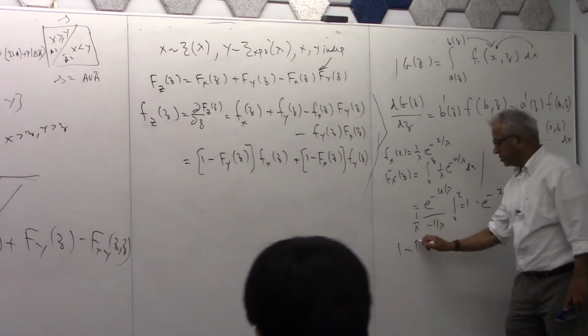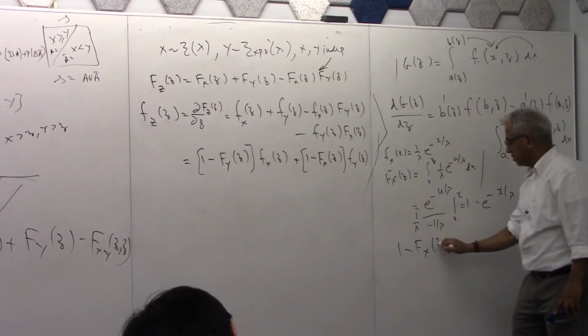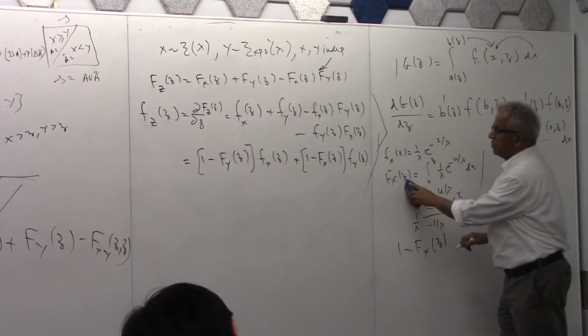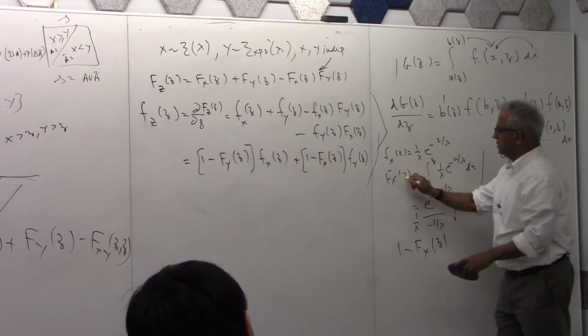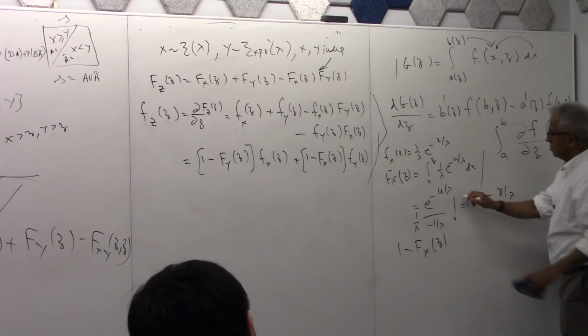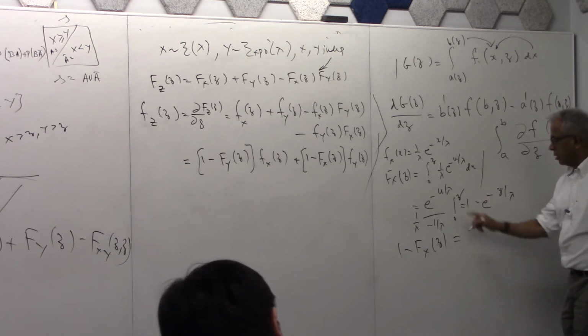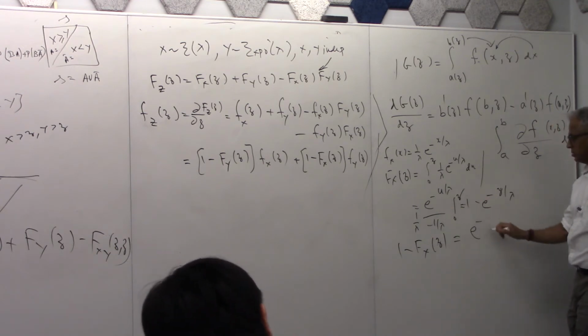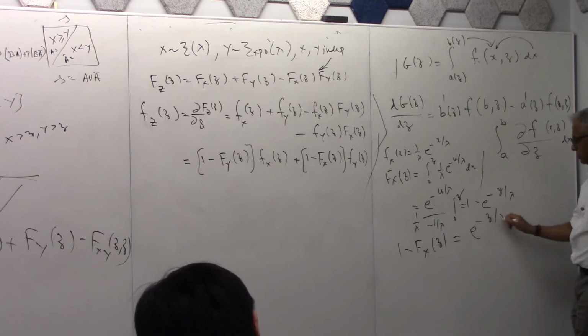So 1 minus F_X of z will be e raised to minus z over lambda.